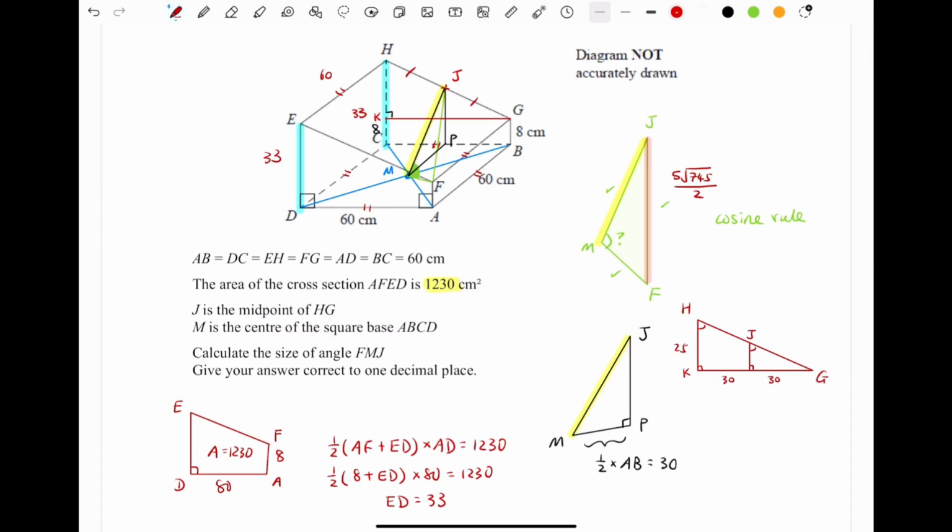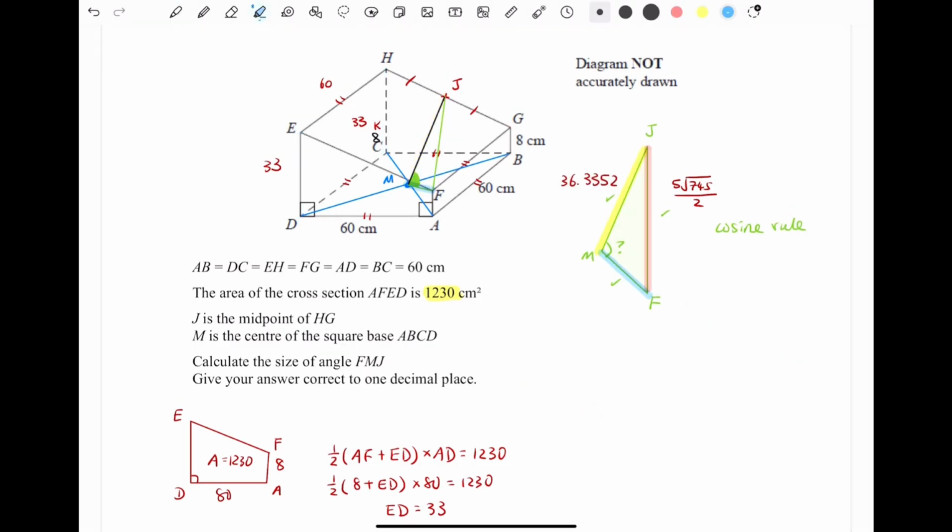The base of this small triangle is 25/2. So we know this distance here is 8 because it's a rectangle. So in total JP is going to be 41/2. By using Pythagoras theorem, we can also work out JM, which is 36.3352. So what we need to do now is MF.